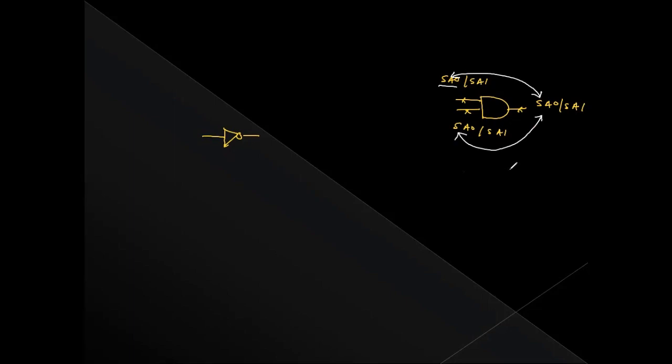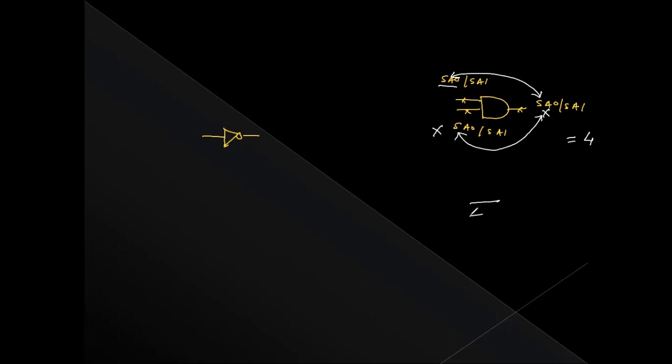So equivalence is achieved between this stuck at 0 and this stuck at 0, and this and this. Out of these 3, I need only 1. So I can cross any 2 and keep 1. The minimum number of faults that I need to consider is 4 only.